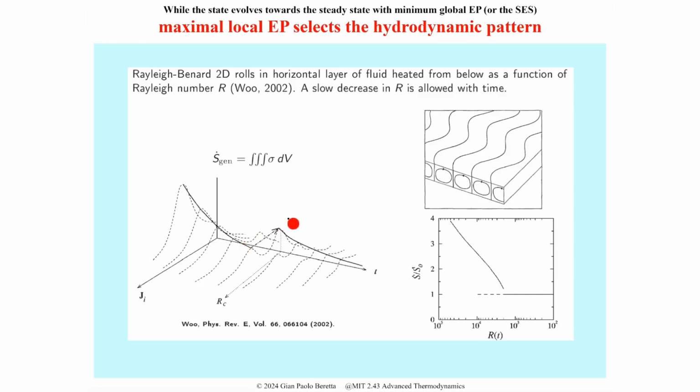So this is also a jump in configuration. It's a design choice, so to speak, that your system has made in order to move from one maximum to another maximum. And this, of course, corresponds to a critical value of the Rayleigh number that is the onset number for this Rayleigh-Bénard instability, which is a very, very famous problem in fluid mechanics and heat transfer.